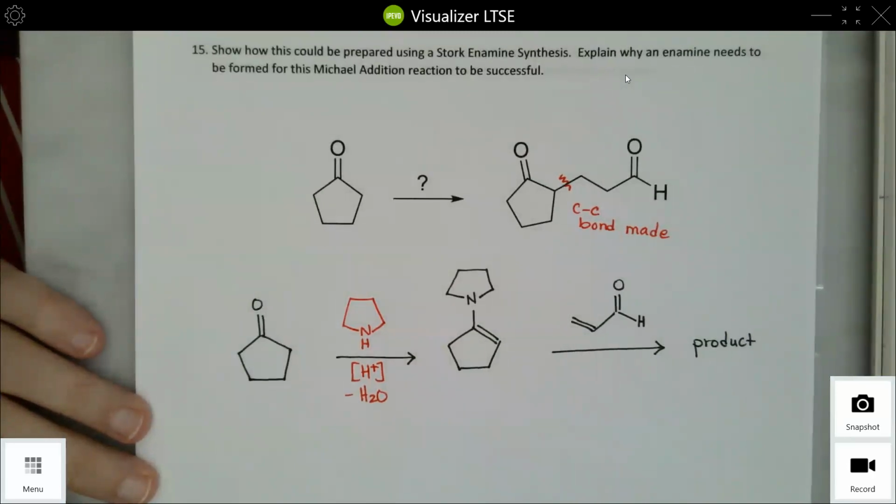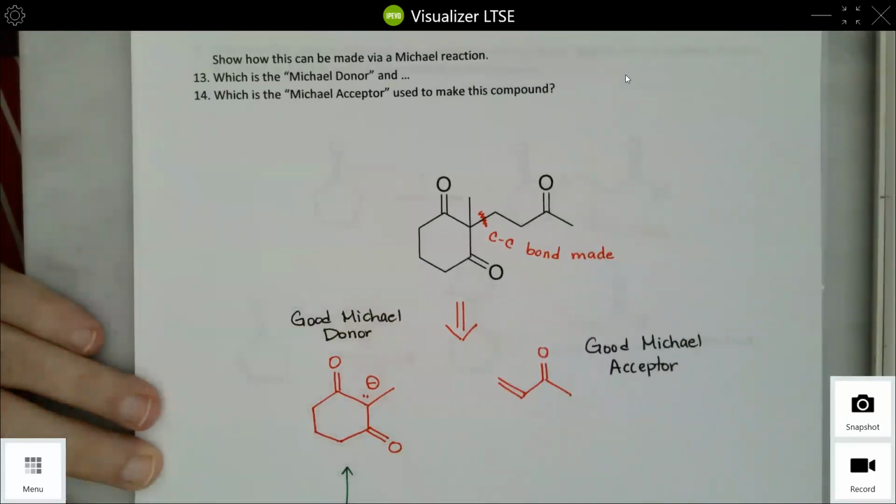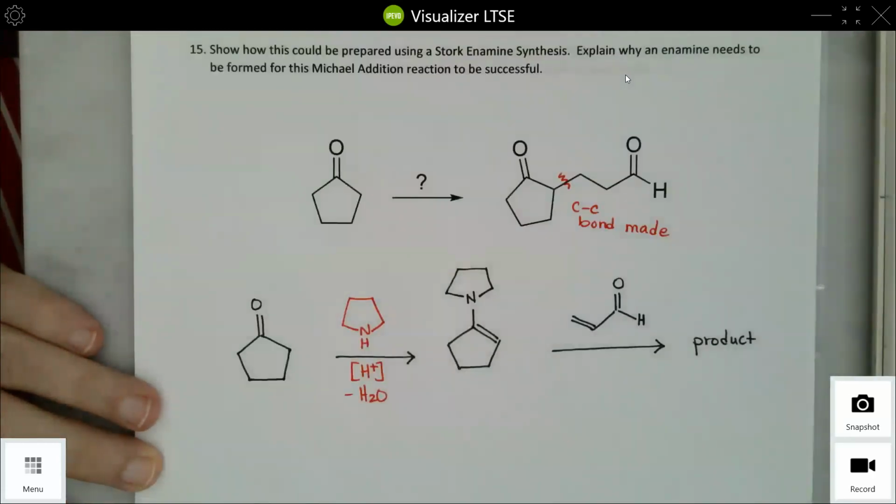So if we compare and contrast with the last one, why in this case did we not need to form an enamine, but in this one, we do have to form an enamine?